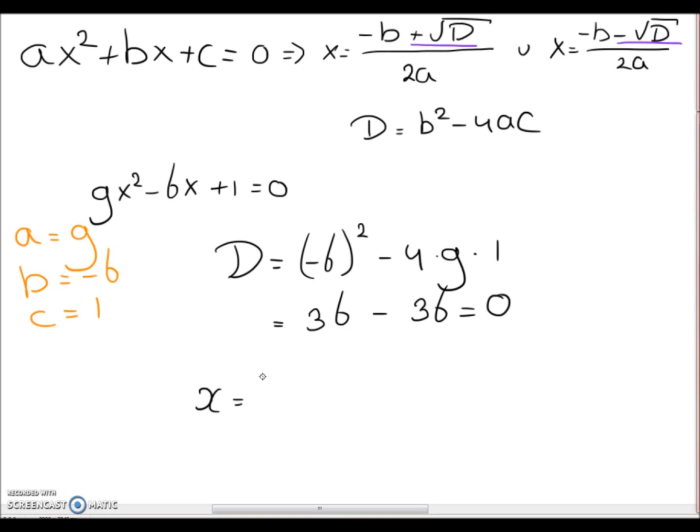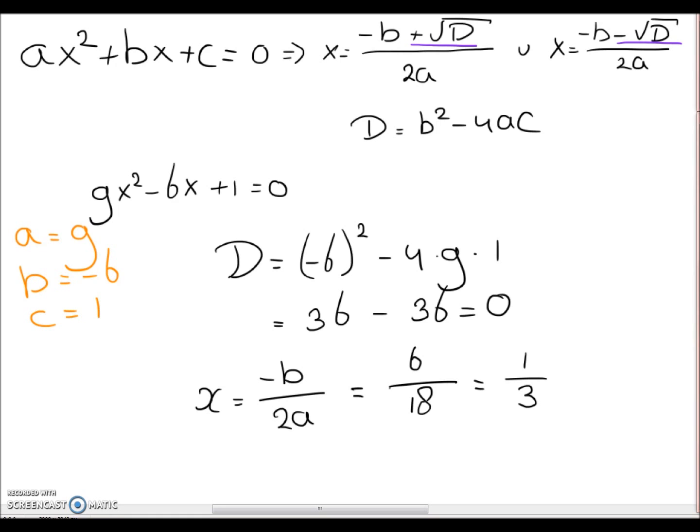X is equal to -b divided by 2a. And in this case, -b is a +6 and 2a is 18. Now, 6 divided by 18 is 1/3. So you can see that when the discriminant is equal to 0, there's one solution.